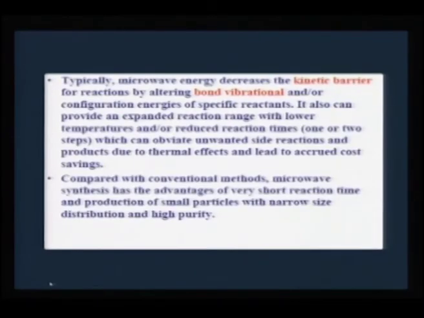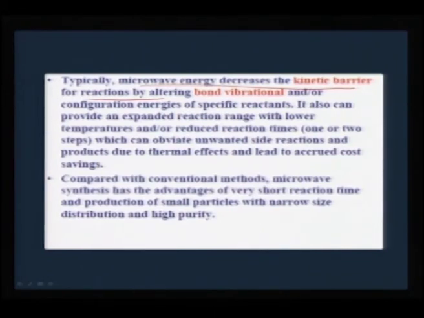So, to conclude, let me bring out a few things. Typically, microwave energy decreases the kinetic energy barrier for reaction by altering bond vibrational energies of specific reactants.